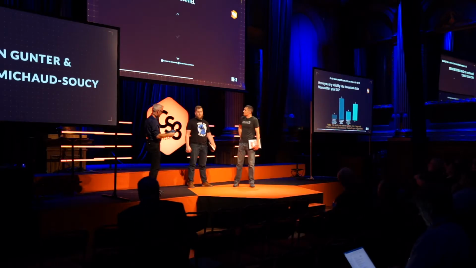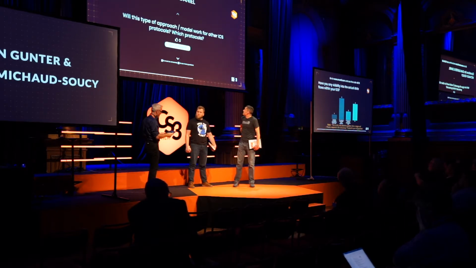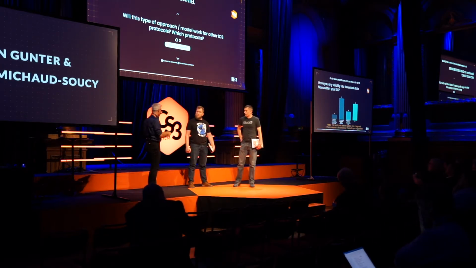So will this type of approach or model work for other ICS protocols, and which protocols? You mentioned DNP3. Have you looked at others? Different protocols have different levels of complexity. Certainly, like we saw with 104, 9 states, 31 transitions, it's relatively easy. We haven't done a ton of research to identify the other potential candidates.